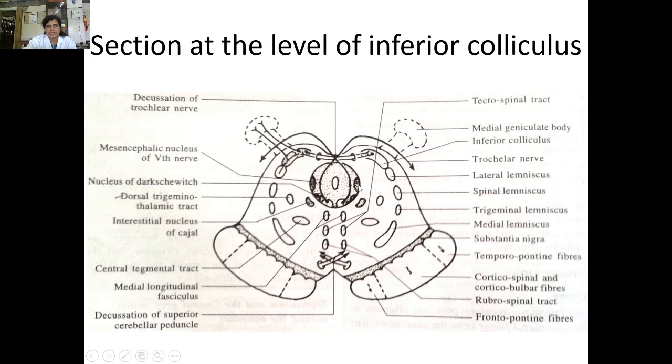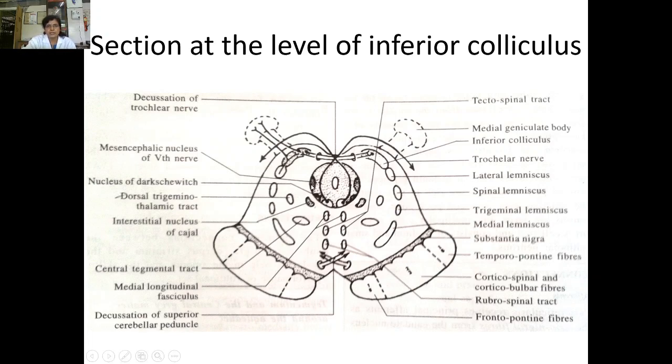Then on the lateral aspect of the central gray matter, there lies the mesencephalic nucleus of the fifth nerve, that is the trigeminal nerve, and this is the third sensory nucleus of the trigeminal nerve. A characteristic feature of this nucleus is that it is made up of pseudo-unipolar sensory neurons.